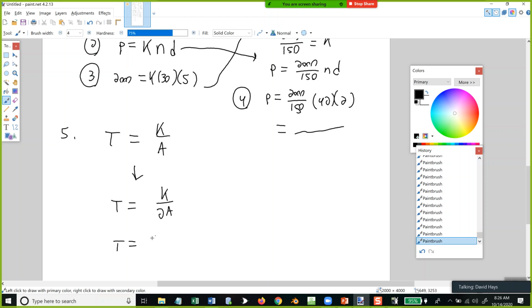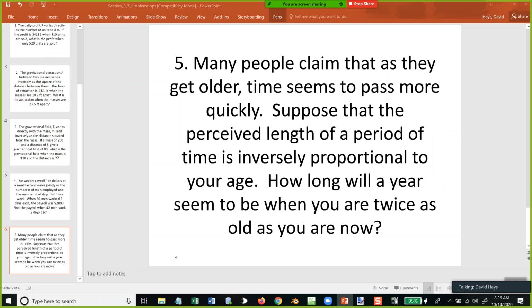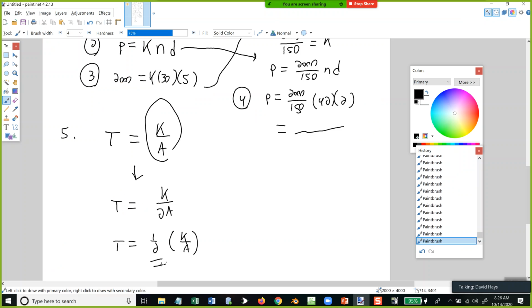So I can factor a 1/2 out of that, and it more or less looks like the original, k over a. So the question is, how long will a year seem to be when you're twice as old as you are now? It'll seem to be half as long.